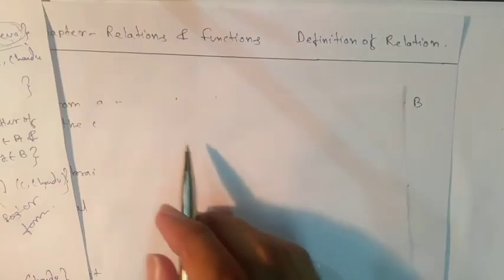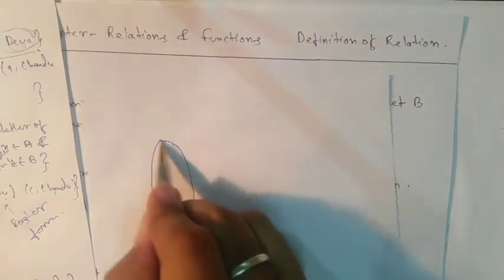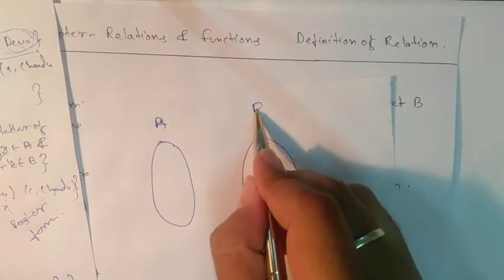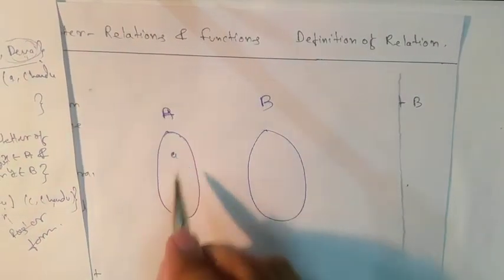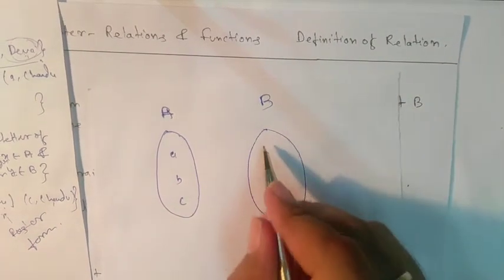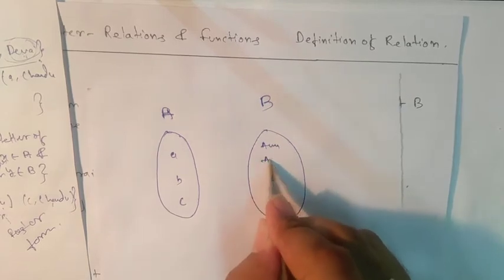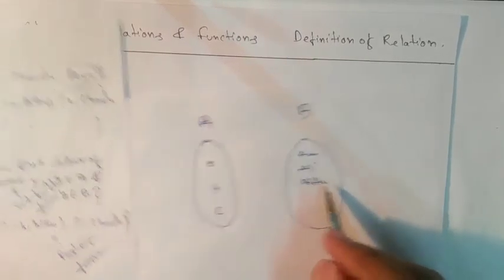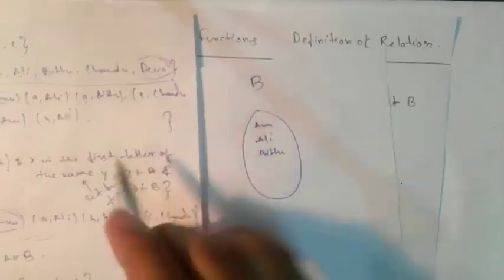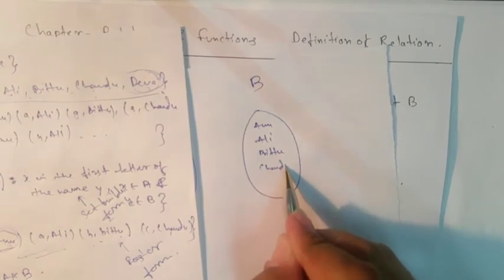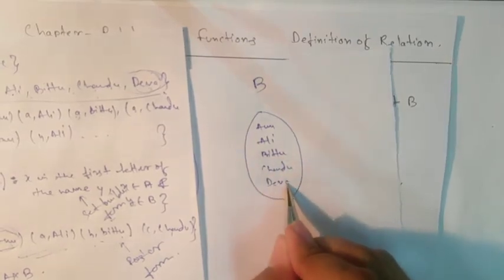Here we take one set, this is A, and this is B. In A, the elements are a, b, c. And in B: Anu, Ali, Bittu, Chandu, and next is Deva.